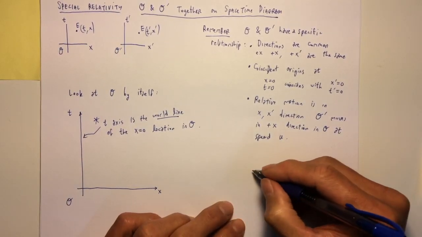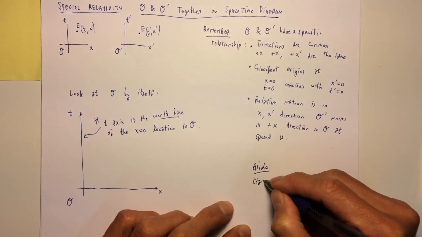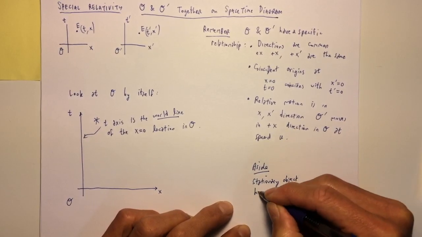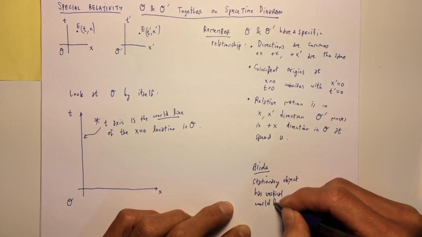As an aside, a stationary object has a vertical world line.